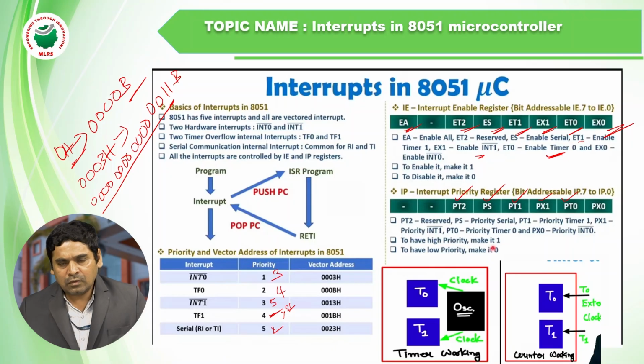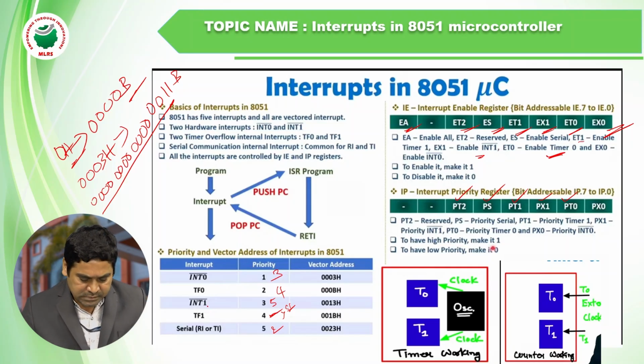If I want to give two first priorities, for example TF1 and INT 1 bar as first priority.